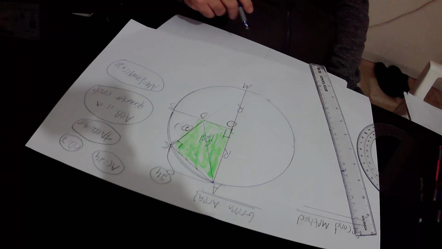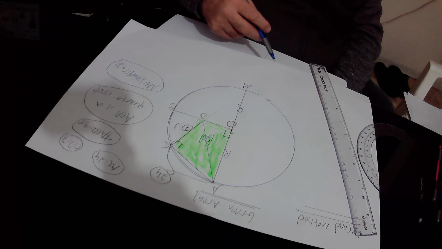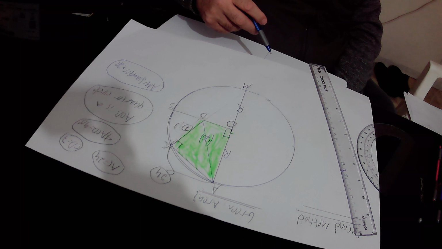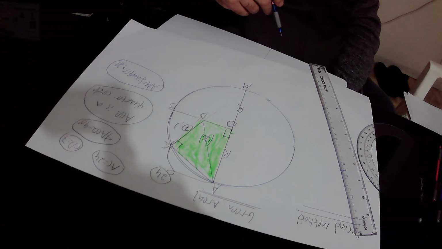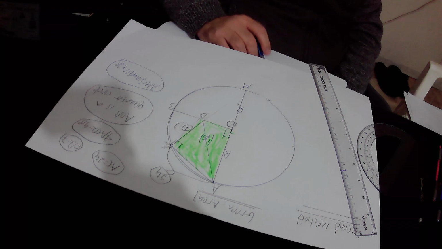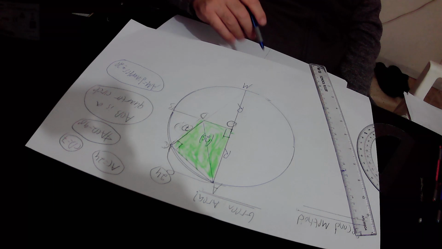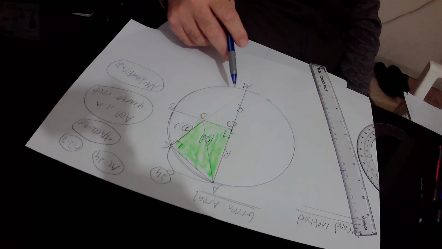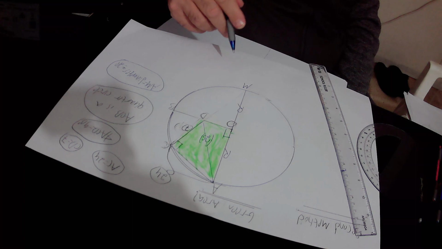In the next step, we will extend side CD by a straight line until it touches the circle. The question is where the extended side CD will touch the circle. We will assume that the extended side CD will not touch the circle at point M, but at any other point.